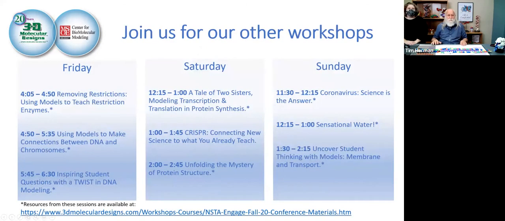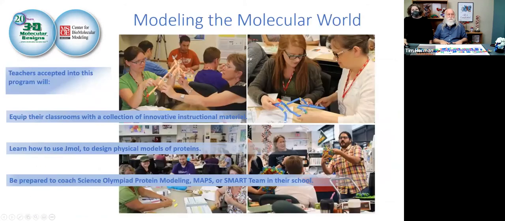It's an advanced workshop, which means that before you can come to the genome editing workshop, you have to have done another workshop, Modeling the Molecular World. So what you should do this summer, spring of 2021, sign up for our Modeling the Molecular World workshop. That will then pre-qualify you to apply to the genome editing workshop in the summer of 2022, when we are certain to be back hosting face-to-face real workshops.